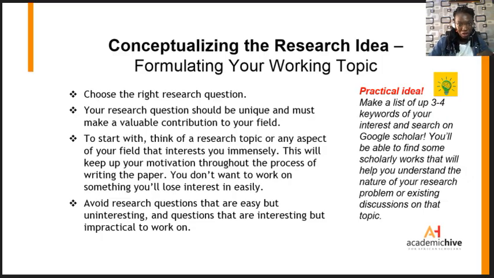Then once you've identified about 3 to 4 keywords of your research interest, just go to scholar.google.com, that's Google Scholar, and put in the keywords. Maybe you can separate them with a comma.